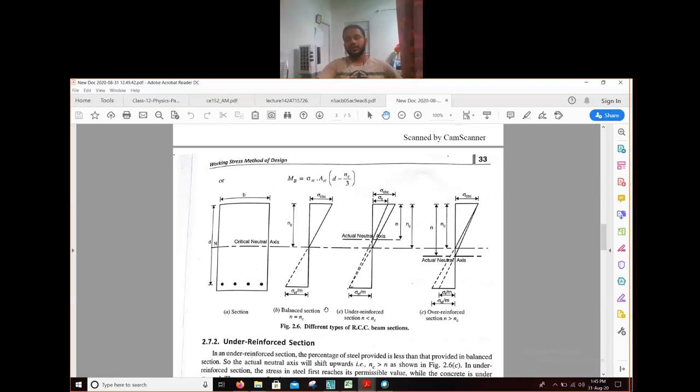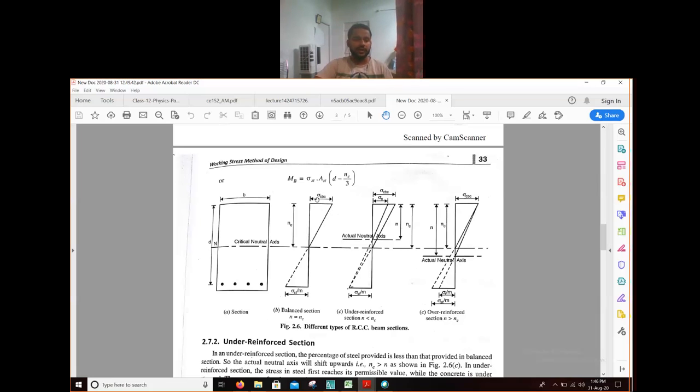I told you before what is meant by permissible stress. It is the maximum stress. As soon as steel reaches its permissible stress value, your steel will start to fail. Similarly for concrete: if we are considering M20 grade of concrete, what is the value of sigma CBC?